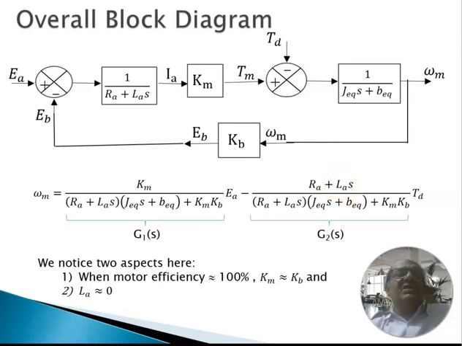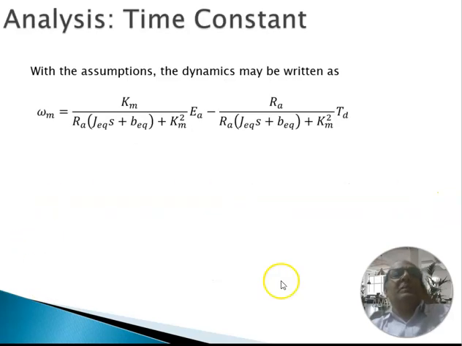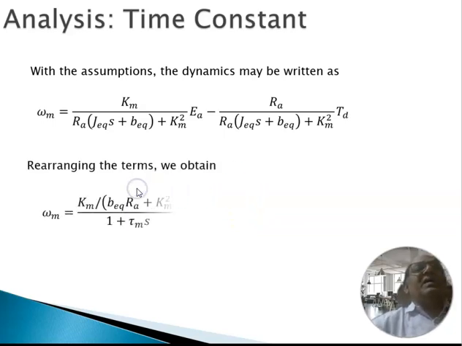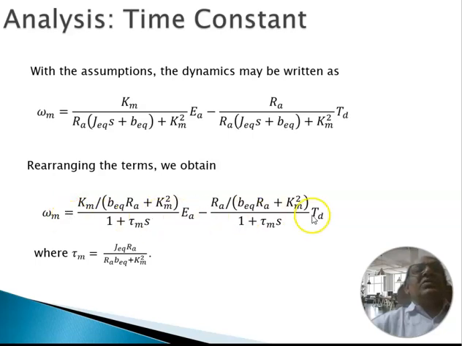Under these assumptions, this equation can be reduced to what is shown over here. We slightly try to manipulate it to get to the transfer function in the form we require after doing a little bit of algebra. Rearranging this term, we get this.